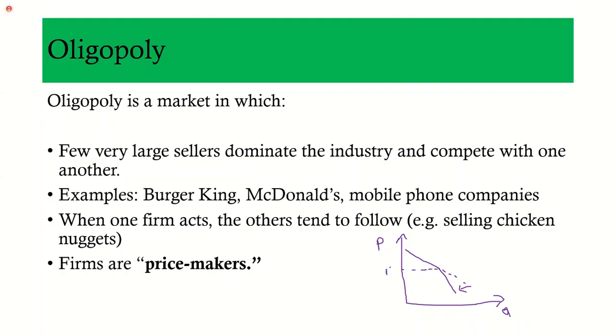so that can have implications. If this is the market price, if one increases the price and the others don't increase the price, they are going to lose a lot. And at the same time, if one decreases the price and the others don't, again, they are going to lose their profit, right?